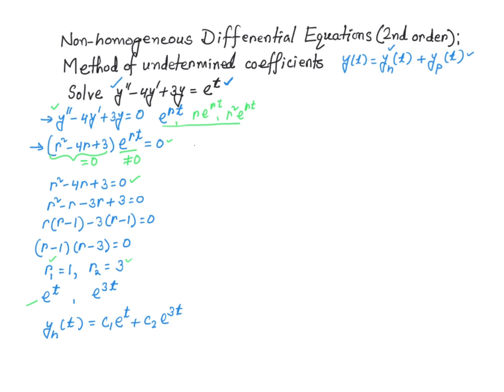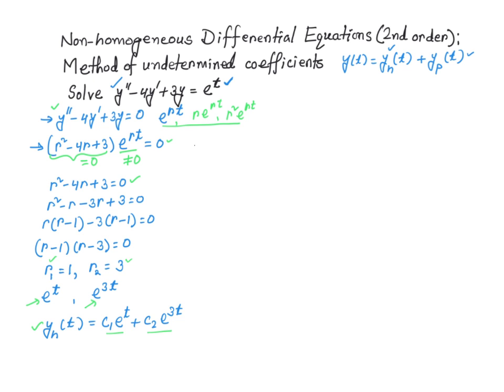So my solutions are going to be e to the power t and e to the power 3t. The general form of the homogeneous solution is y sub h of t is equal to c1 times e to the power t plus c2 times e to the power 3t, where c1 and c2 are some constants.